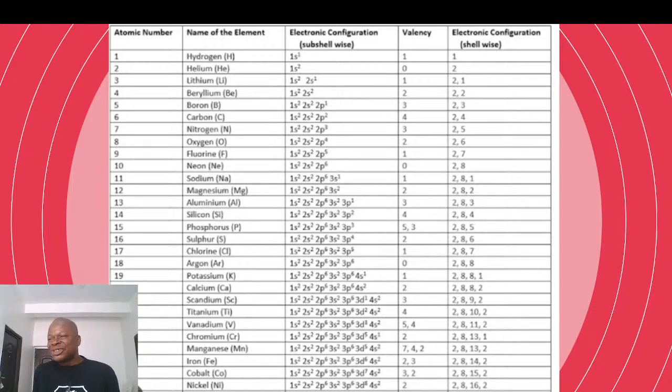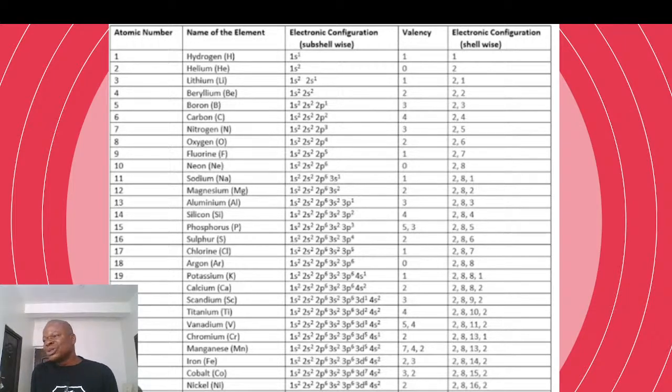Now, this calcium, if you are to arrange it in the subshell electronic configuration, you're going to have 1s2, 2s2, 2p6, 3s2, 3p6, 4s2. So if you add them up, you're going to have 20.